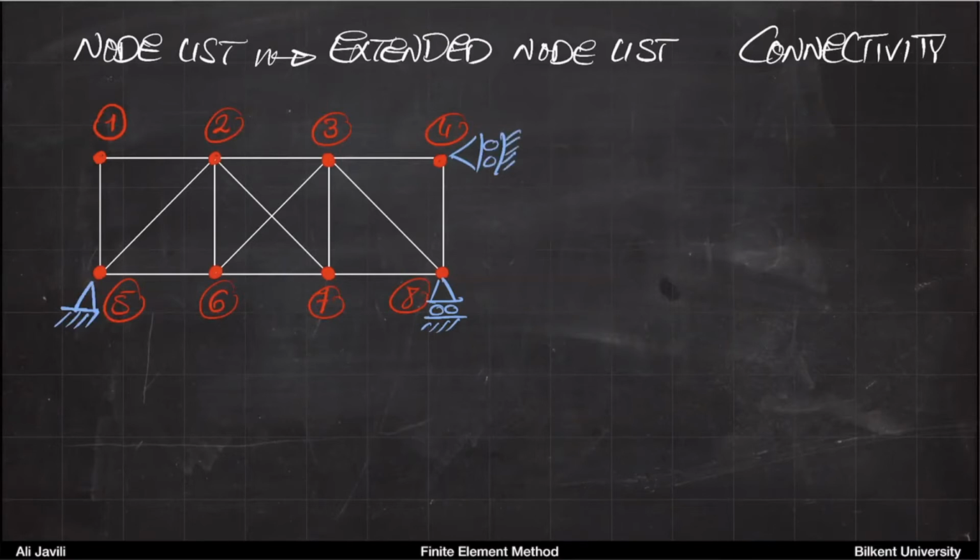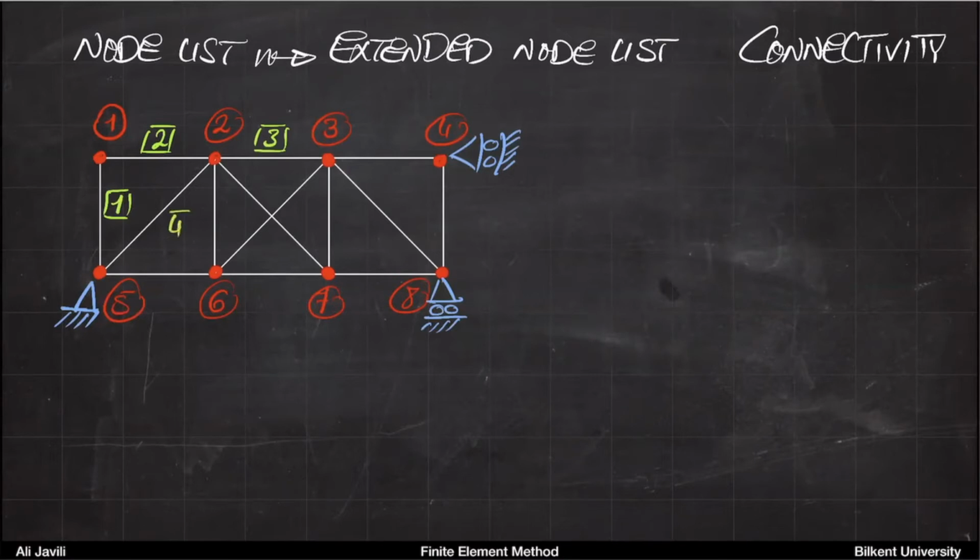Now we want to add the information about the elements. So let's say this is element 1, this is element 2, element 3, and now you can see, you can also distinguish by colors, but the square around the number means it is an element.